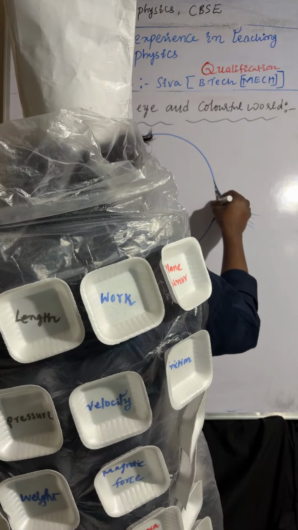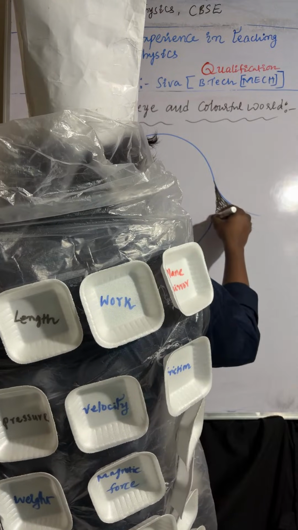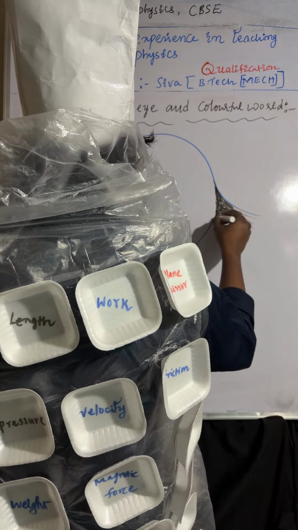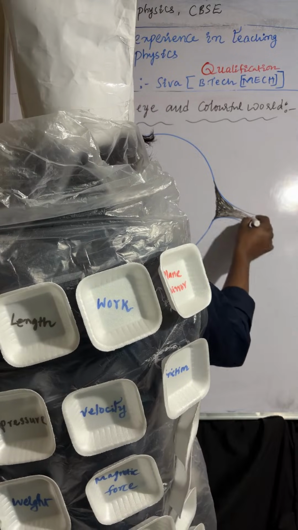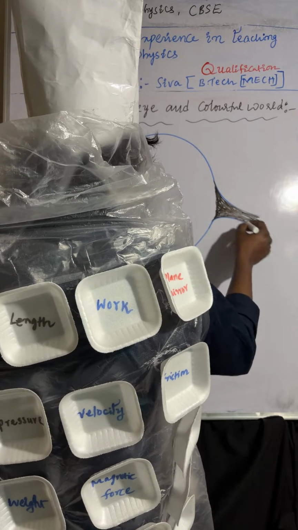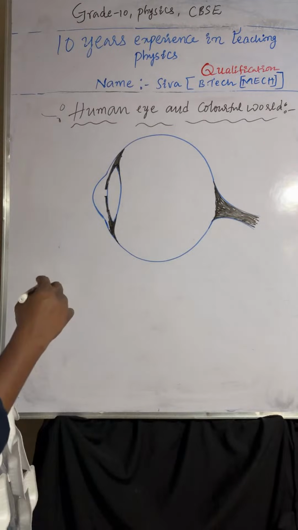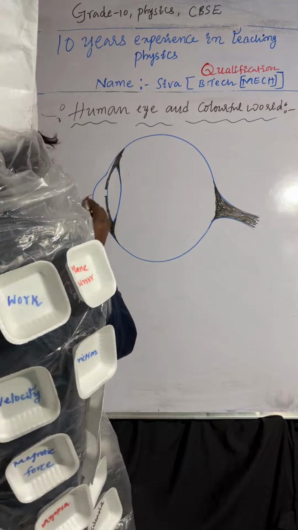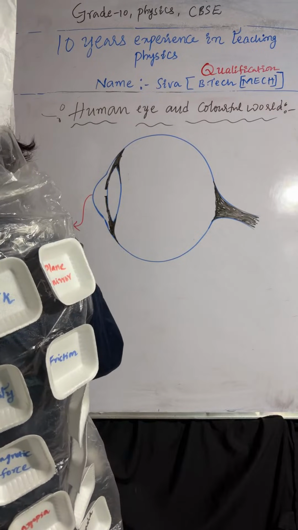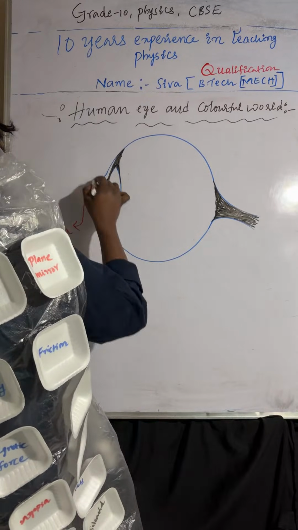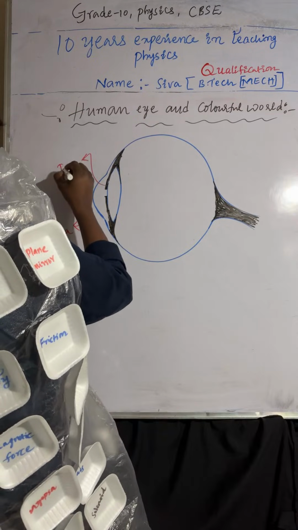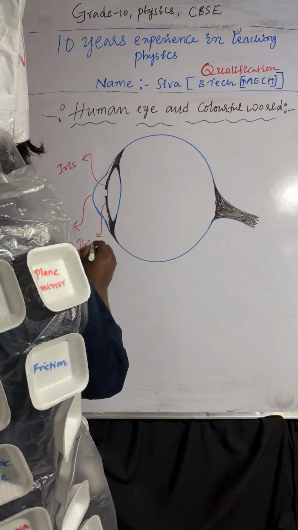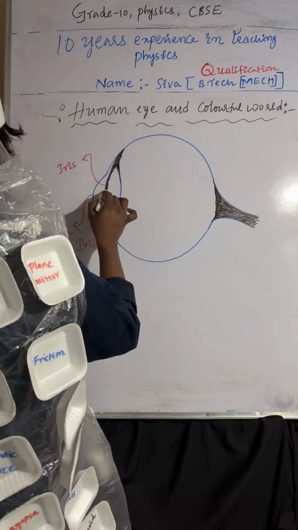So this is the cornea. Coming to this one, it is the iris, and this portion is also iris. And this gap is the pupil.